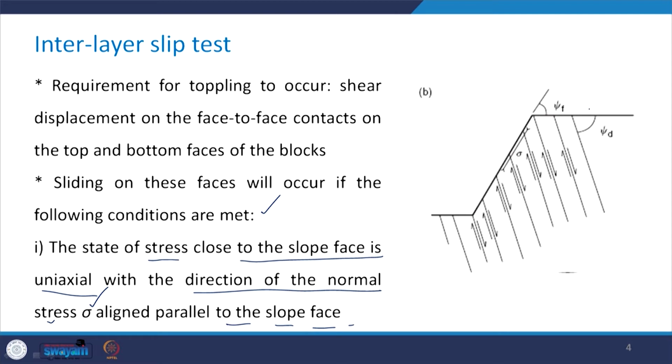Take a look at this figure. Here the state of stress near this slope face is uniaxial, and the direction of the normal stress, which is sigma, has been shown here. This is parallel to the slope face.